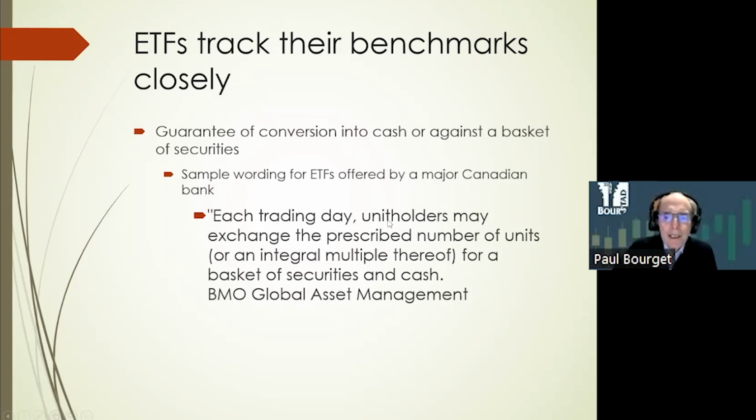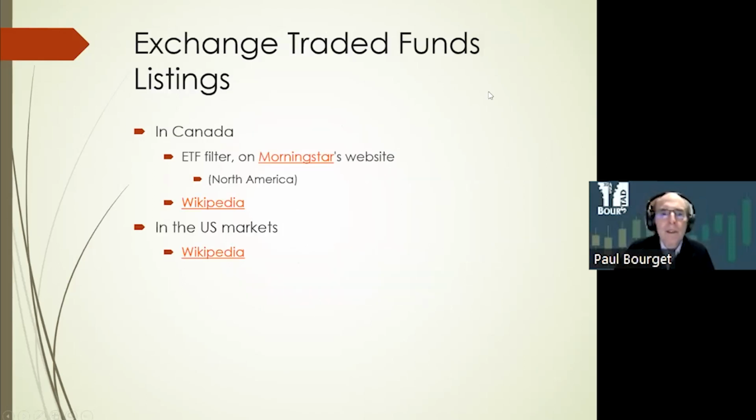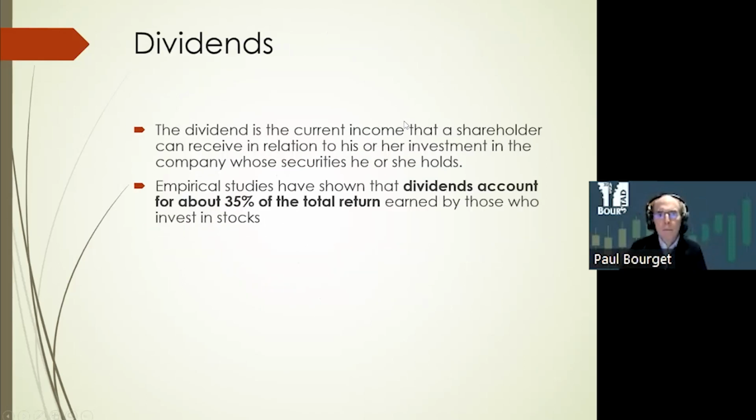Each trading day, unit holders may exchange the prescribed number of units or an integral multiple thereof for a basket of securities and cash. So with this type of provision, you can be assured that the ETF closely tracks the index it pretends to follow.